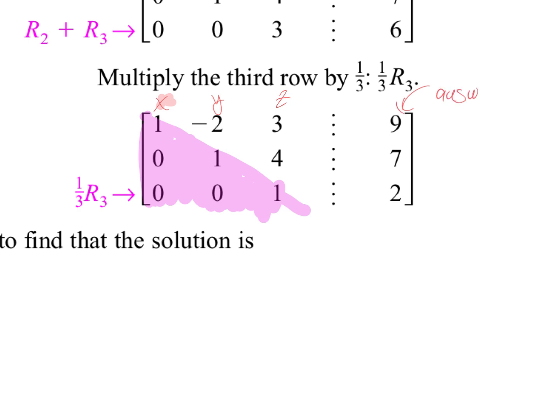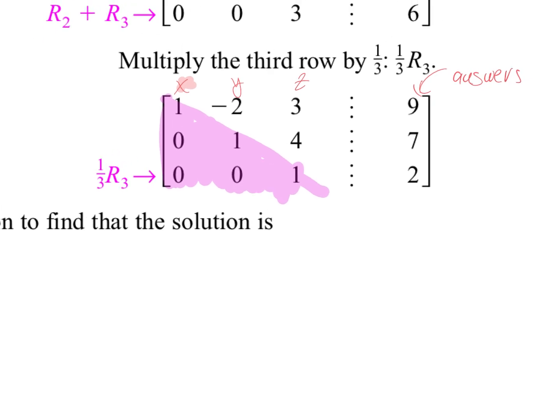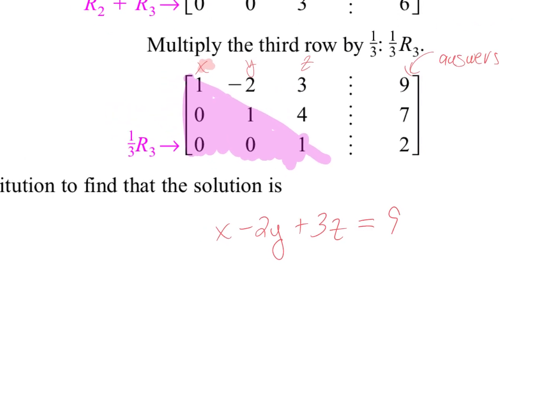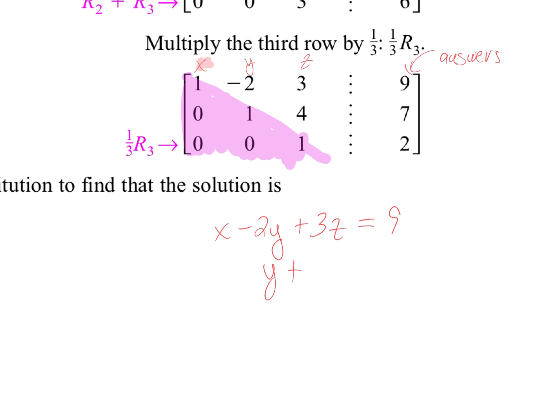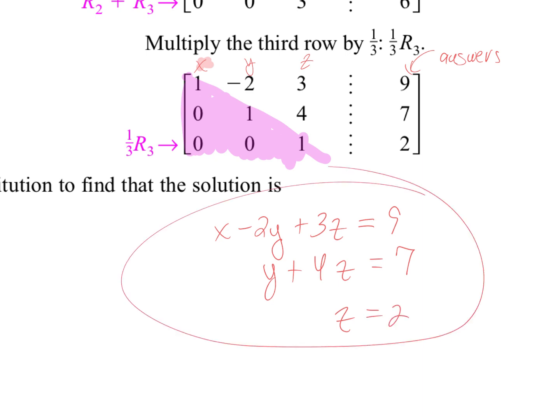Okay, so if you were going to write this system of equations, what does the first equation say? x minus 2y plus 3z equals 9. Then what does the second equation say? y plus 4z equals 7. What does the last one say? z equals 2.